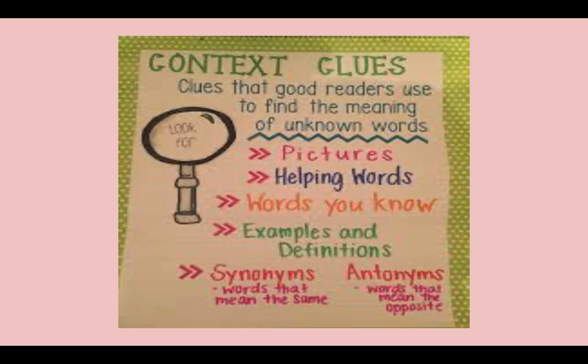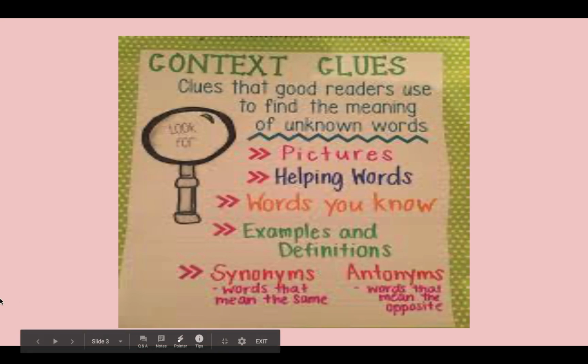You can also use synonyms, words that mean the same, and antonyms, words that mean the opposite. You can look for all of these different things in stories in order to help you find the definition of a word. Today we'll be using two different context clues in order to find the meaning of unknown words.